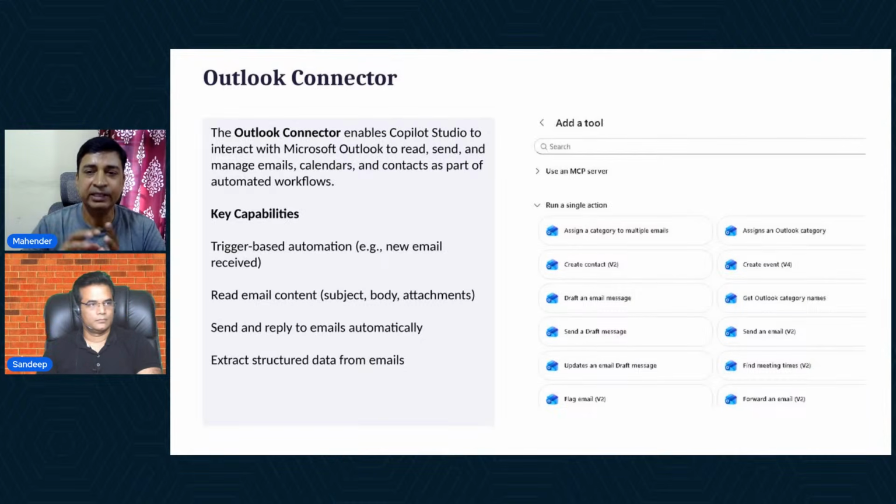When they get this email, Outlook is basically helping us with this email communication. That's why we are using this Outlook connector. It will be responsible for sending and receiving email, and it is basically the triggering point for our automation as well.